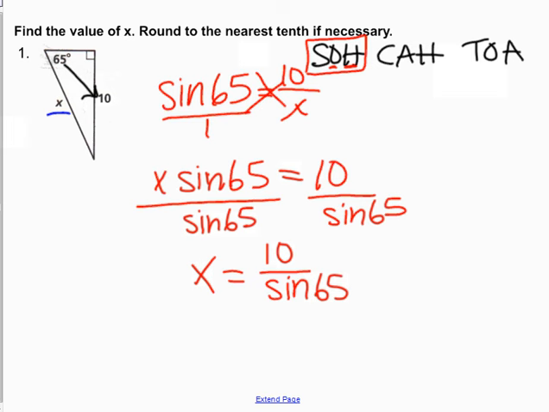So that's what you're going to type right into your calculator. You're going to type in 10. This is exactly what you press. Divided by the sine button and then 65. And that's going to equal, I've got it here, 11.0 is your answer, rounded to the nearest tenth.